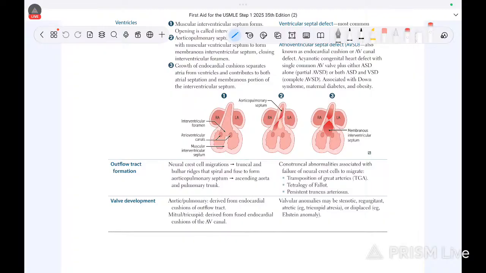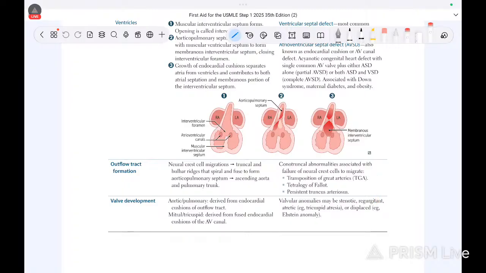There are some abnormalities like TGA, transposition of great arteries, tetralogy of Fallot, and persistent truncus arteriosus. These are conotruncal abnormalities which are associated with failure of neural crest to migrate. So there is incomplete migration or defective outflow tract formation, hence such diseases.